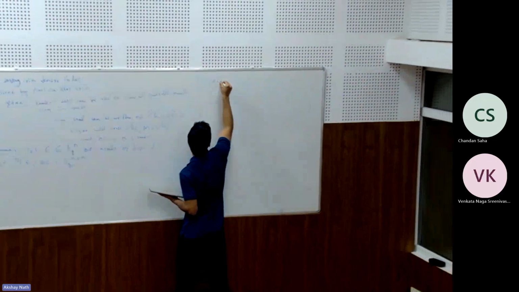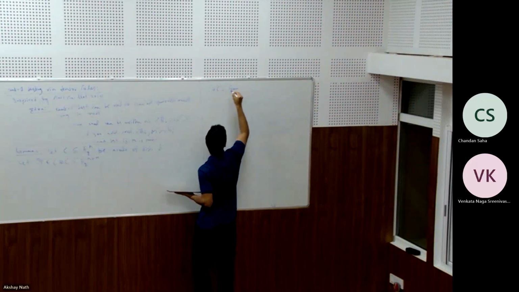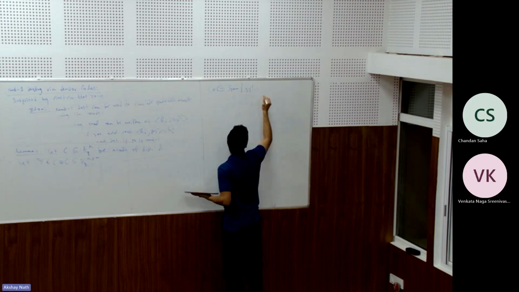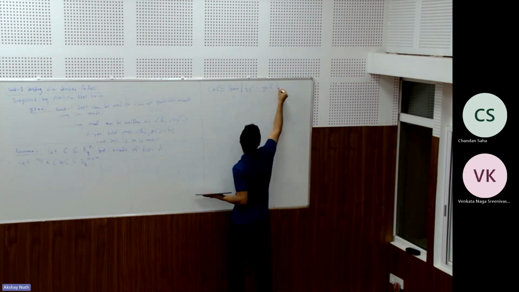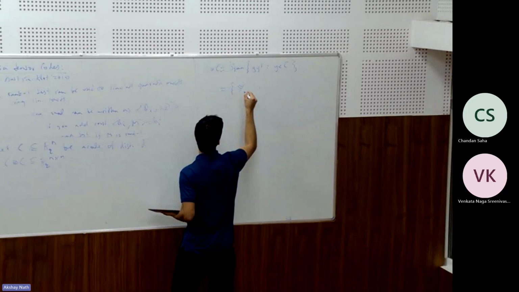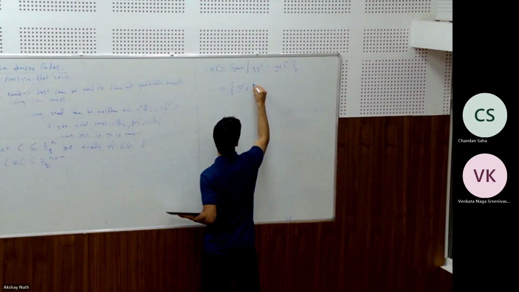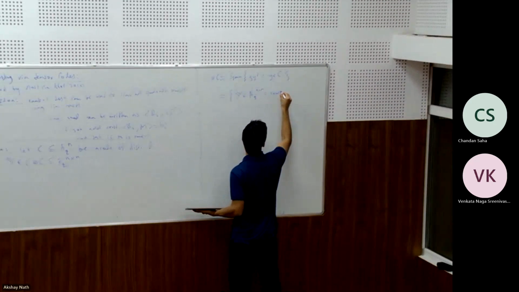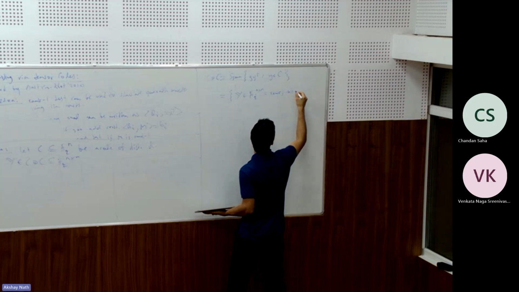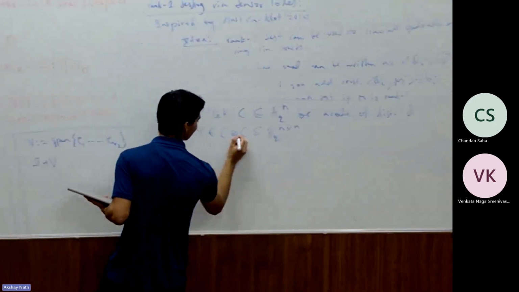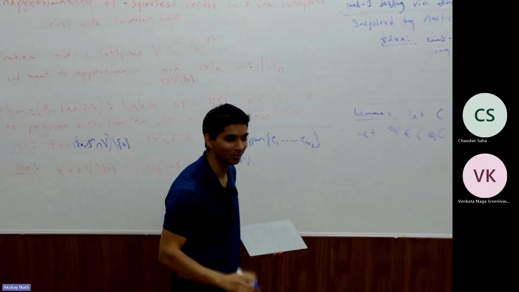C tensor C is equal to the span of y y transpose such that y belongs to C. Equivalently, it's also equal to the set of matrices Y such that both the rows and columns of Y belong to C. I should specify that this is a symmetric tensor product, a set of symmetric matrices, I'm sorry.